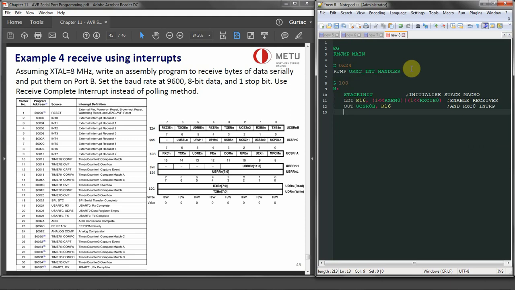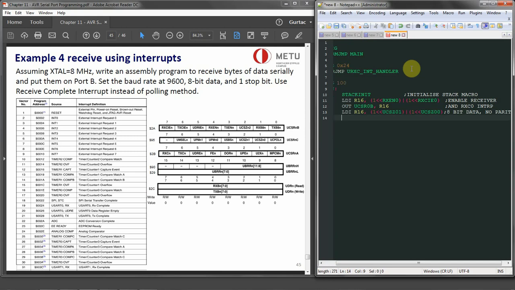Okay, then what we need to do, we have to do another LDI for setting up UCSRC, and that's going to be 1 for UCSZ01 and 1 for UCSZ00, and that is for 8-bit data, no parity.